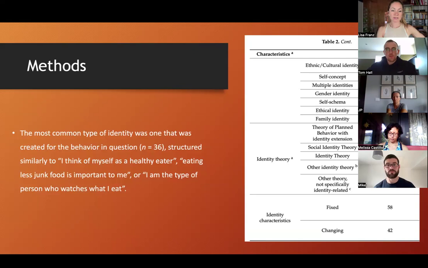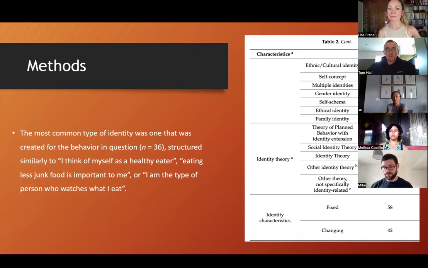And so the most common type of identity was one that was created for the behavior in question, structured similarly to "I think of myself as a healthy eater," or "eating less junk food is important to me," or "I am the type of person who watches what I eat."